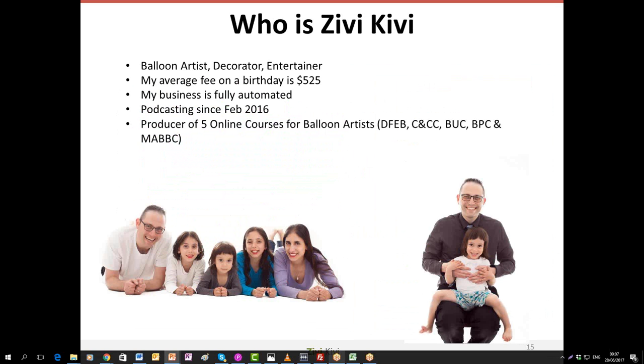I want to quickly tell you a little bit about myself, guys. I'm a balloon artist, a decorator, a twister, an entertainer. My average fee on birthdays for 2 hours in Israel is $525 US, and that's really a good price. My business is fully automated, so I have a lot of free time. When someone wants to book me, they have all the information they need automatically sent to them. When someone books me, they get 11 emails that explain what to expect. Even after the show, I have a funnel, and different funnels for different services.